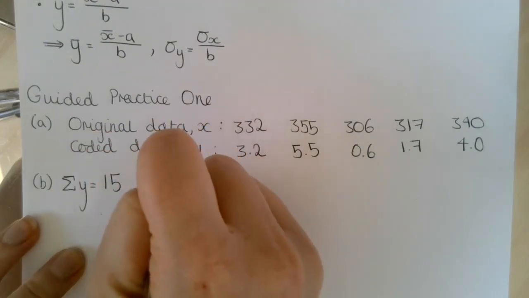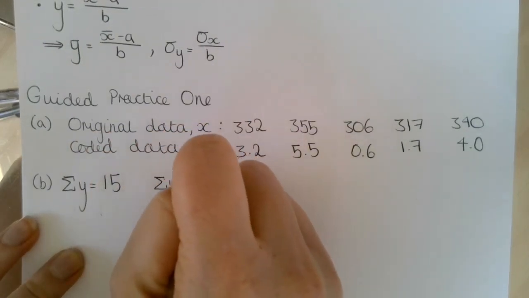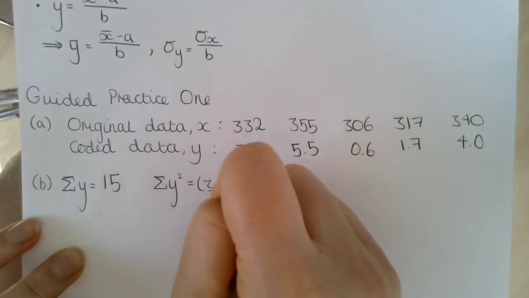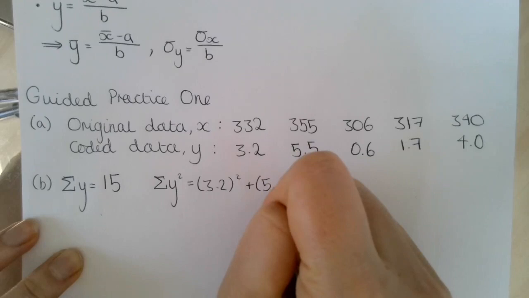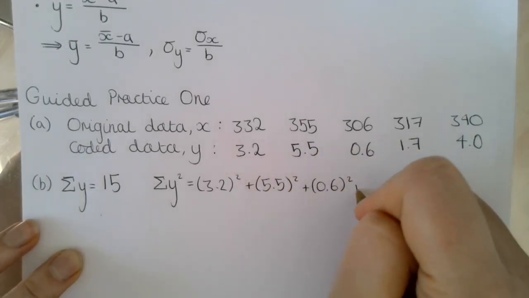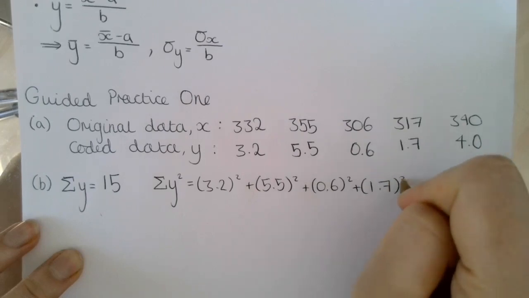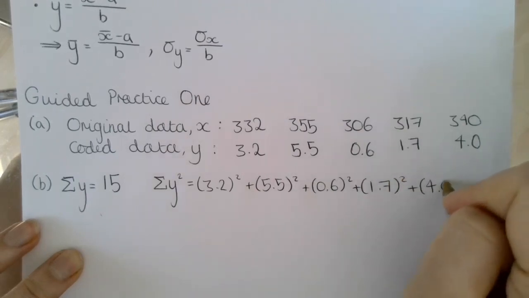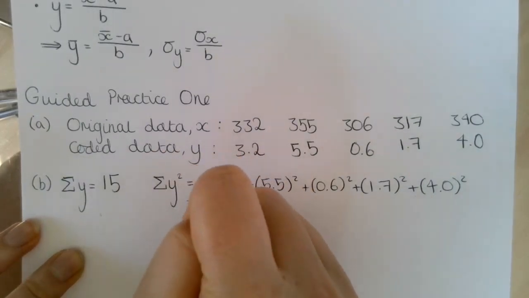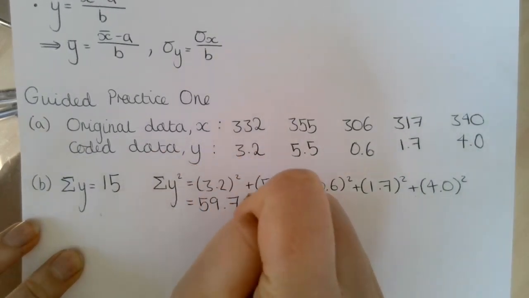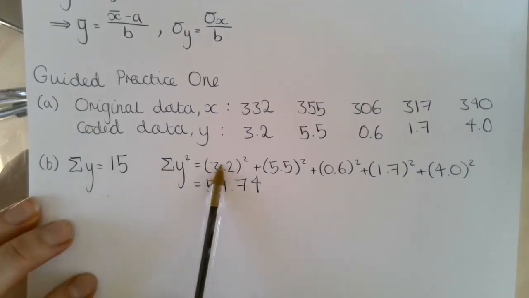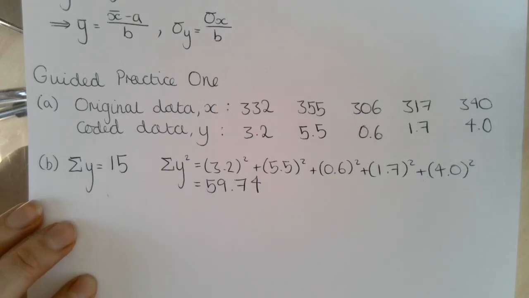And the sum of y squared, we're doing 3.2 squared plus 5.5 squared plus 0.6 squared plus 1.7 squared plus 4.0 squared, which is 59.74. So these are the two pieces of information we need to calculate the mean and the standard deviation.